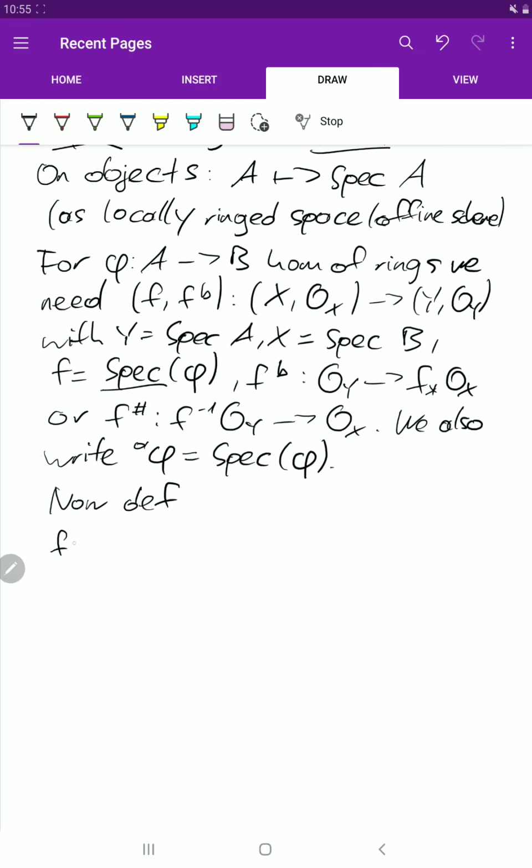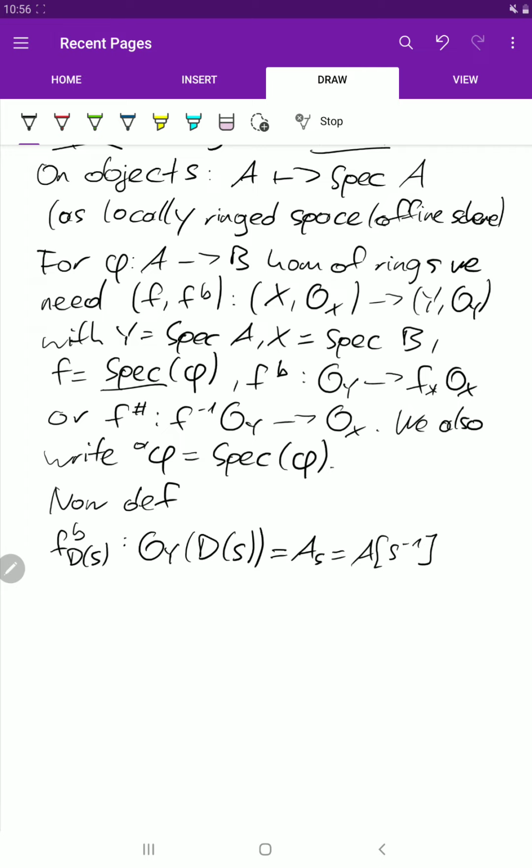We define it just on the basis of principal open subsets, so that's enough. So let's have a look. What's O_Y of D(s)? That's just the localization at s.